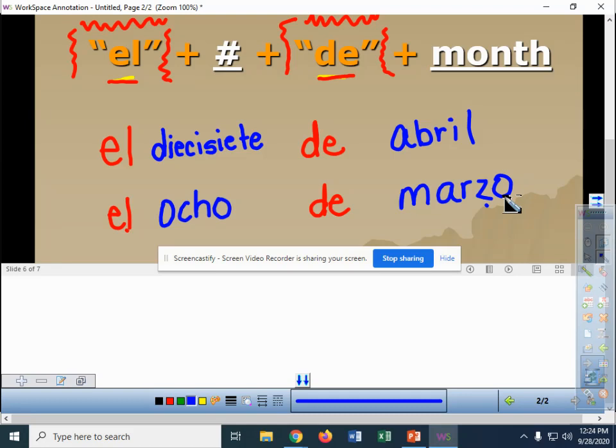So what's the difference in writing dates in Spanish and in English? So here's an odd thing that happens. So here's the difference. In Spanish, first comes the date, then comes the month. So here in the US, this is in the United States, so I'm going to put US.